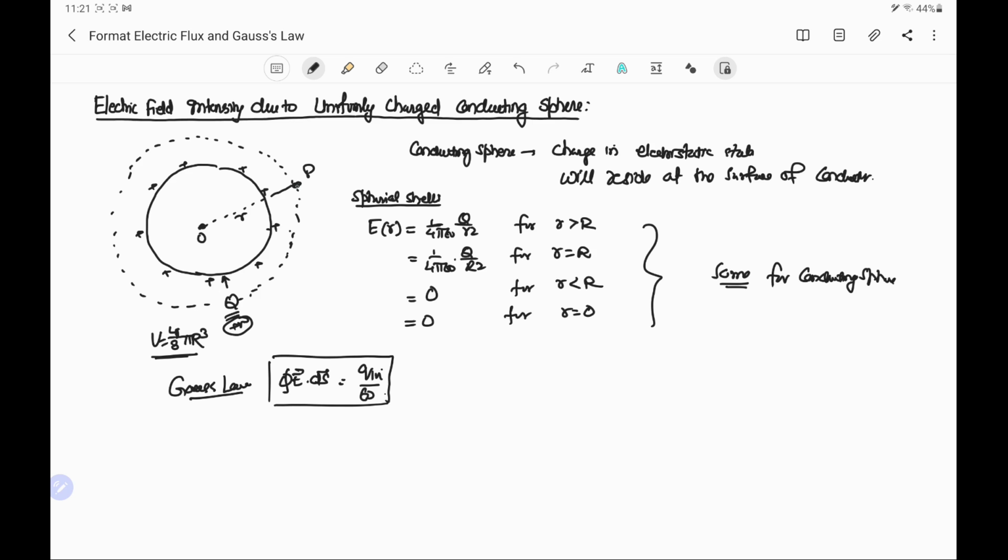On it we take an elementary surface area ds, which is always outward and normal to the surface, and E is also radial and parallel to ds.